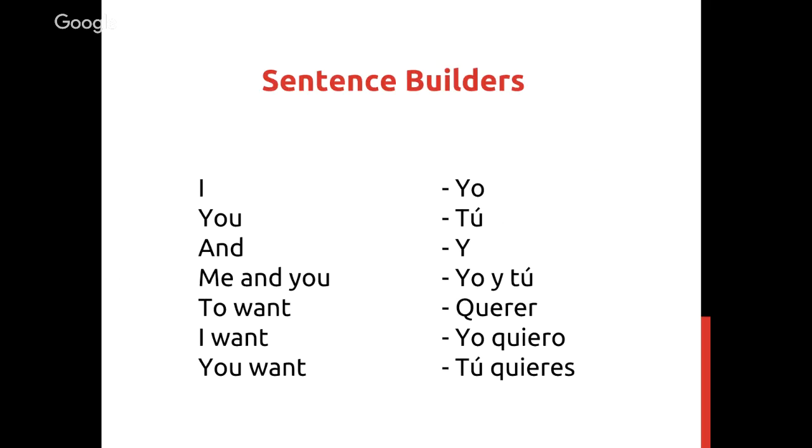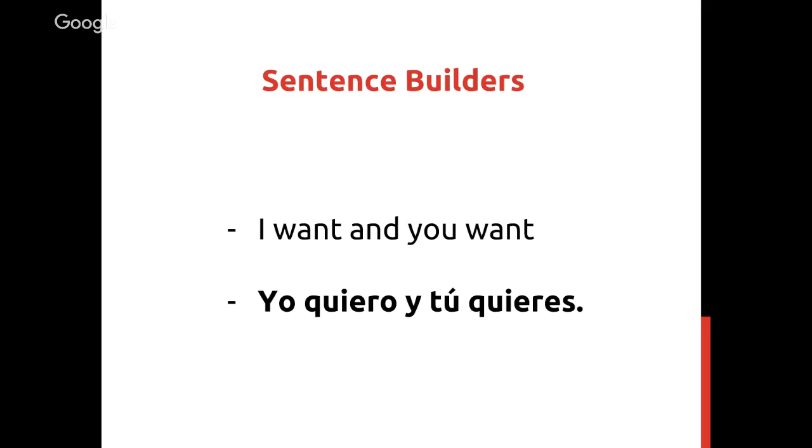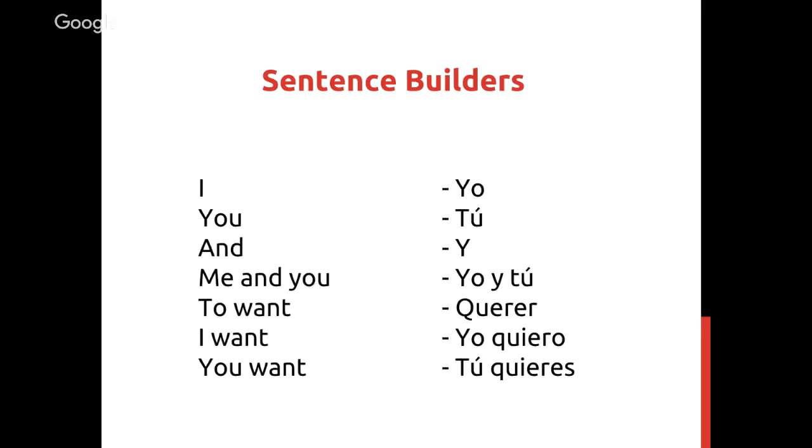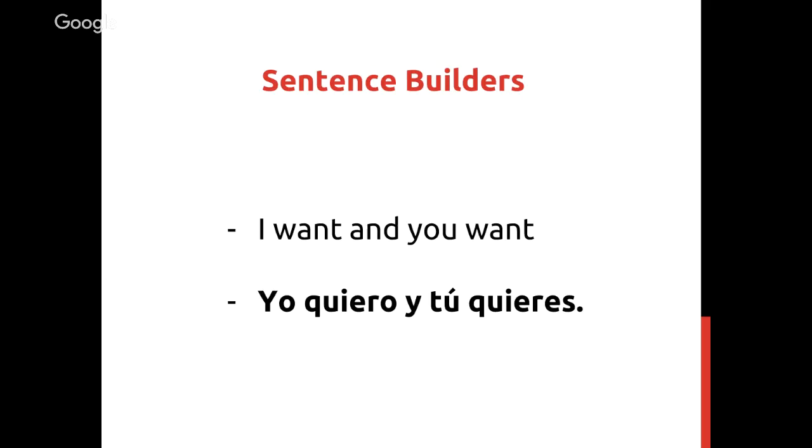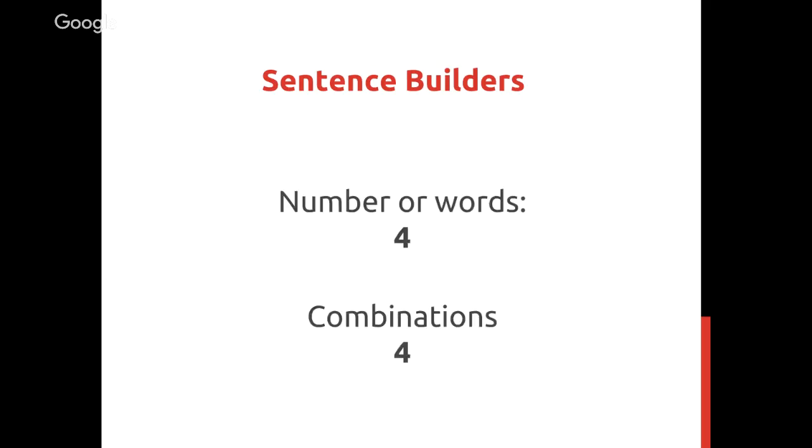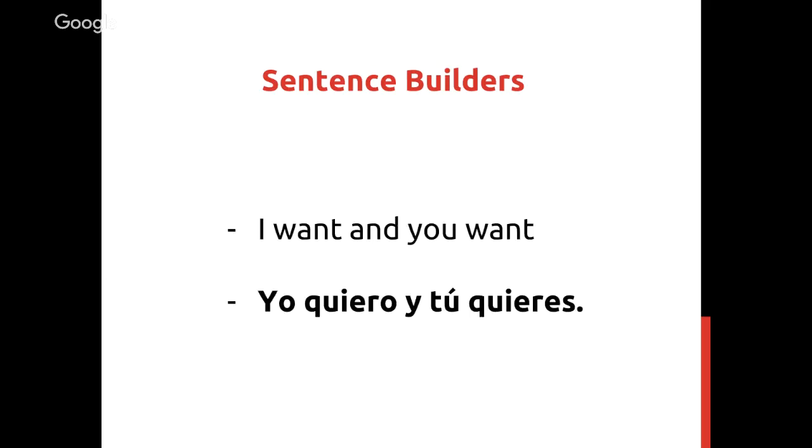Well, these are your first words. Let's add a few words and see what happens. So I want, yo quiero, and with y, tú quieres. Yo quiero y tú quieres. Okay? You know, 4 words, you can make 4 combinations, because now you can say, I want, you want, and I want, you want.